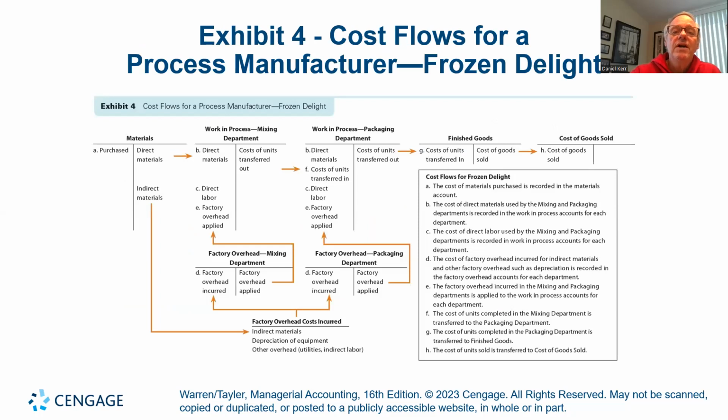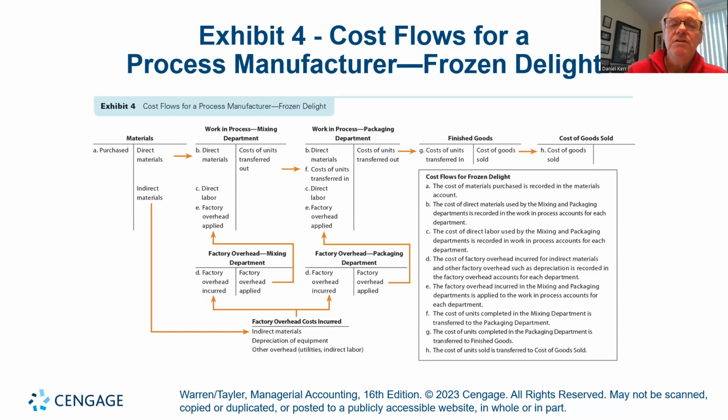So here's a rather tedious little flow chart. I know some of you like flow charts. And you can see the individual transactions here. So you can see that materials cost are purchased. When materials is purchased, they go to the materials account. When they're used, when they're transferred out of materials, they go to work in process for the mixing department.